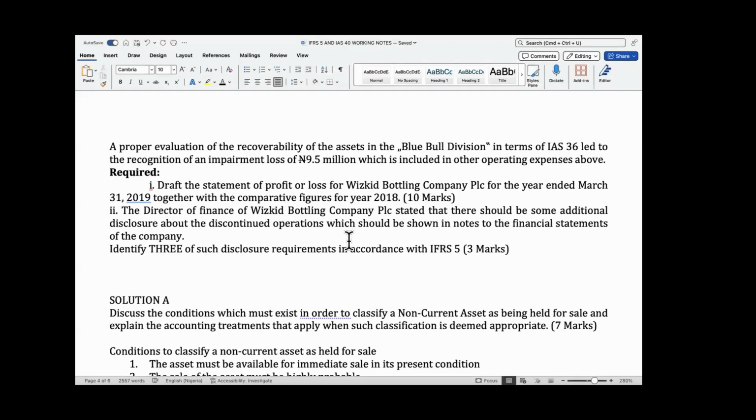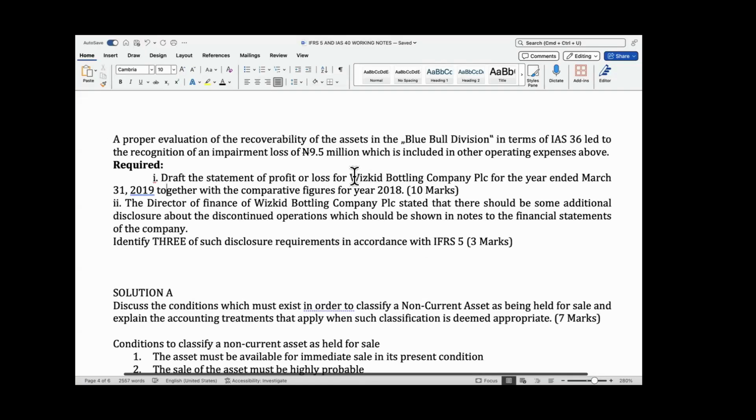Identify 3 of such disclosures required in accordance with IFRS 5. Thank you very much. So the question requires us to draft the statement of profit or loss of Whiskey Bottling Company for the year ended 31st March 2019, together with comparative figures for 2018. And they also want us to identify 3 disclosure requirements for IFRS 5 for discontinued operations.